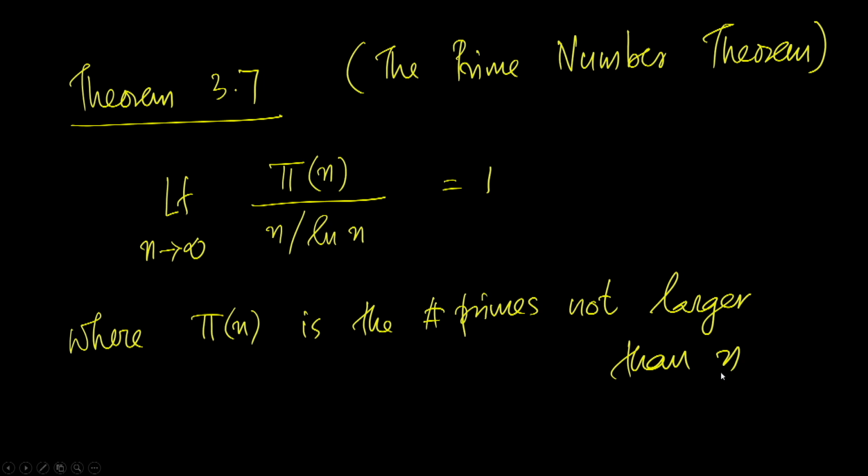That is, the number of primes not larger than n divided by n/ln n tends to 1 as n tends to infinity. In other words, π(n), the number of primes not larger than n, is approximately n/log n. So, out of the n numbers that we consider, 1 to n, approximately n/log n are primes.